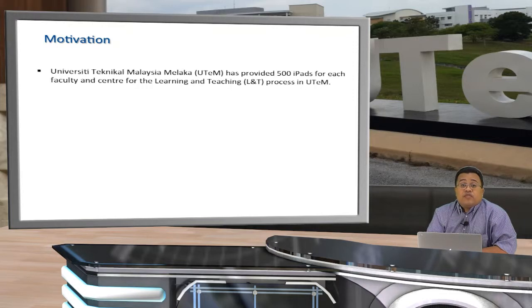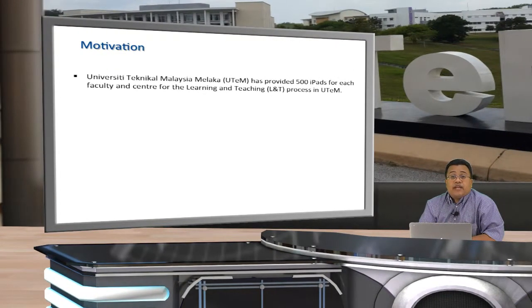In UTEM, University Technical Malaysia Melaka has provided 500 iPads for each faculty and center for the learning and teaching process. Here you can see the words.